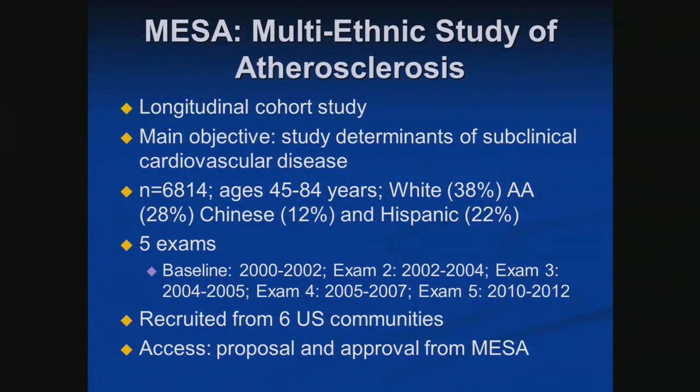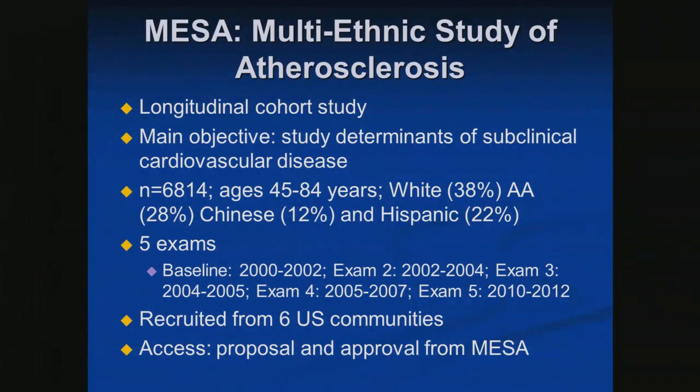So participants are ages 45 to 84, so it's also a middle age group, about 6,800 participants at baseline, and it's only 38% white, 28% African American, and Chinese and Hispanic groups are also included. So it's a lot more diverse, and that's been very, very useful because there are not a lot of studies on cardiovascular disease risk factors that are this diverse.